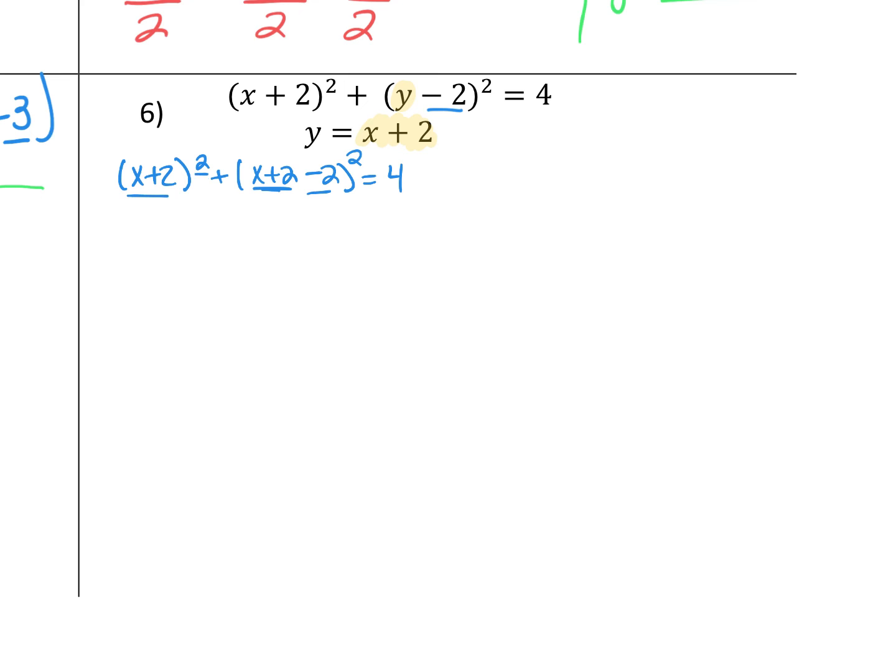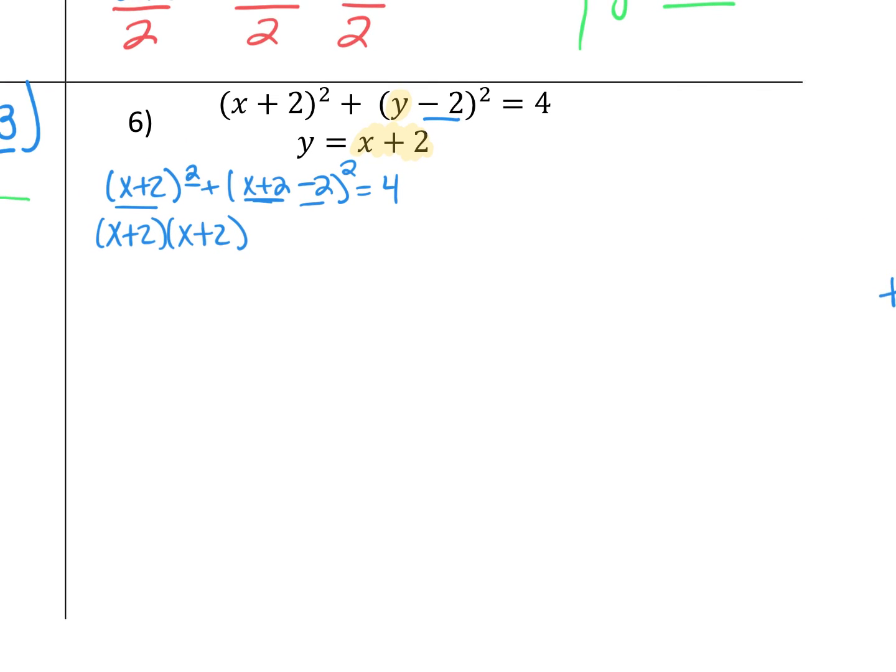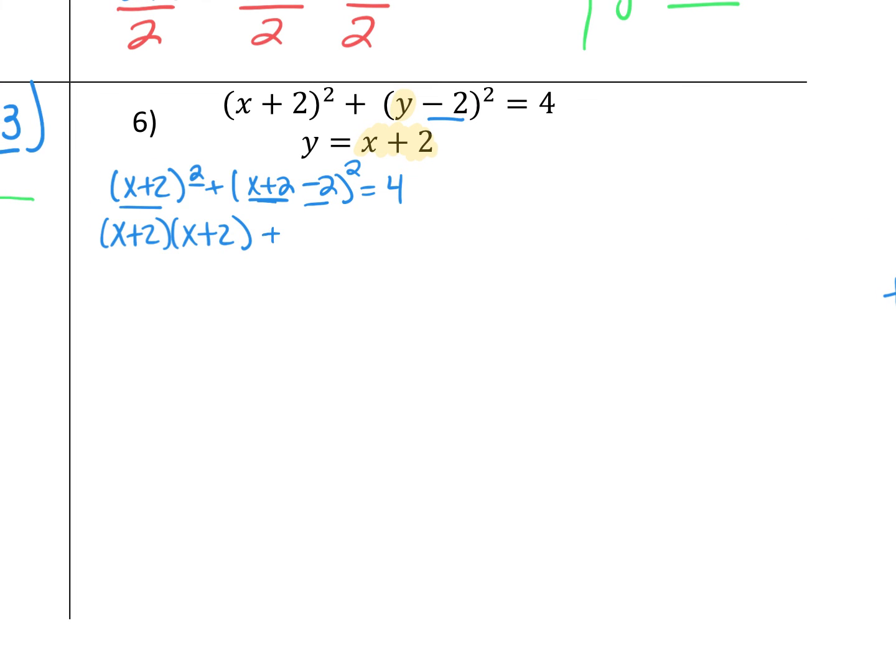So if I have x plus 2 quantity squared, again, that means I need to do x plus 2 times x plus 2. So whether I multiply that out or whether I do the box method over here on the side, I need to multiply those two together. I'll do that in a second. In the second parentheses, I have minus 2 and plus 2, so I'm just going to have x plus 0, so just x squared.